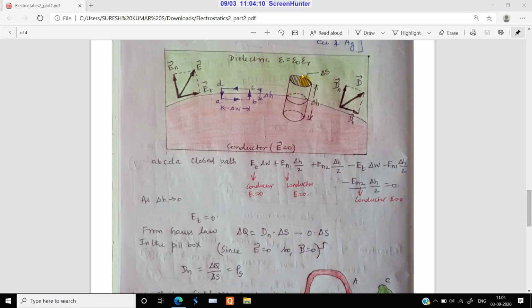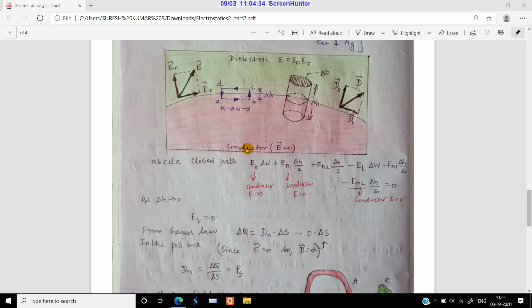From the definition of Gauss's law, the total charge enclosed is equal to the electric flux density along the particular surface. We have a cylindrical pillbox, as we assumed in the previous case also, which covers both the dielectric and the conductor media. If you find the charges accumulated in these two media, the accumulation of charge is along the dielectric only.